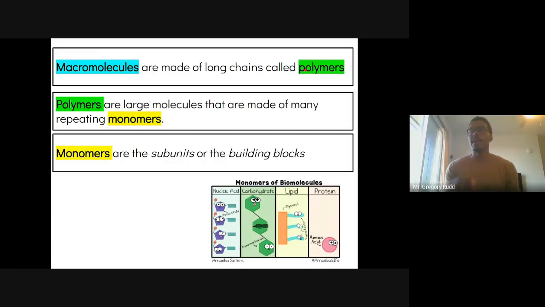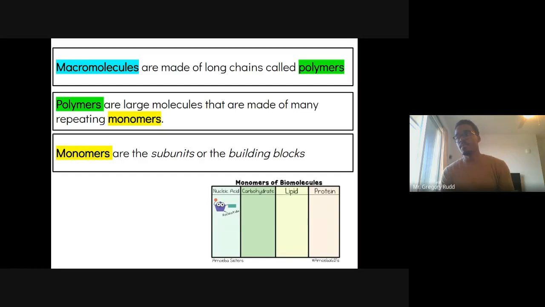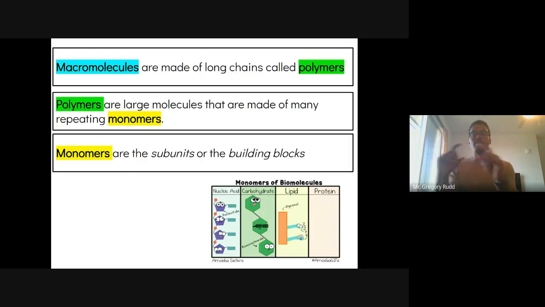Not miniature, but many, as in there are a lot of them. So a polymer is a larger molecule that's made up of many monomers that are linked together. That's why we call them a chain. You'll hear me refer to monomers as the subunits or the building blocks.